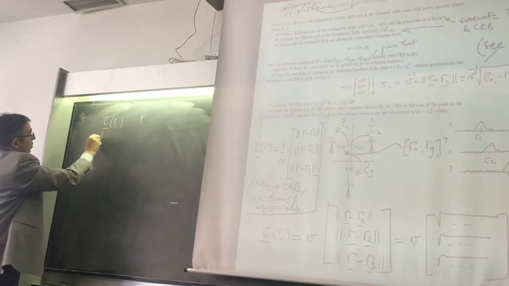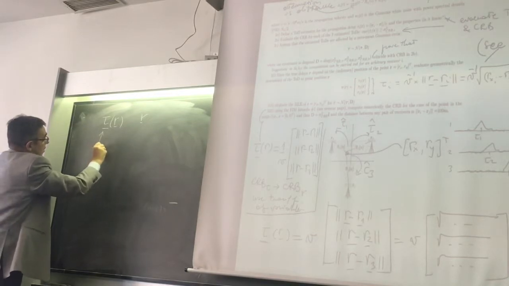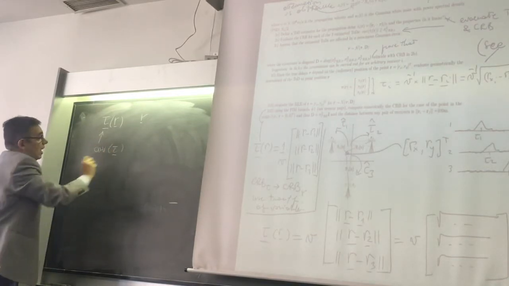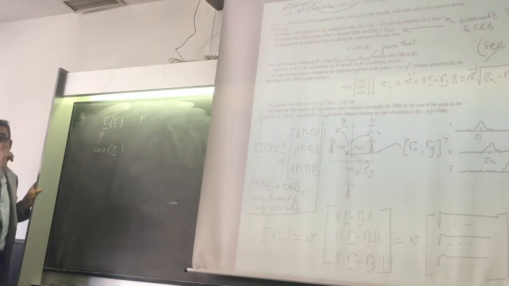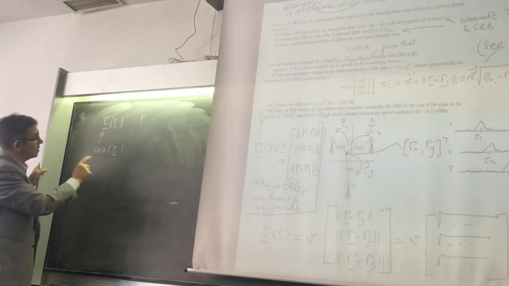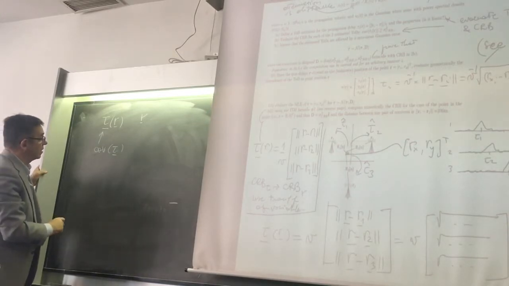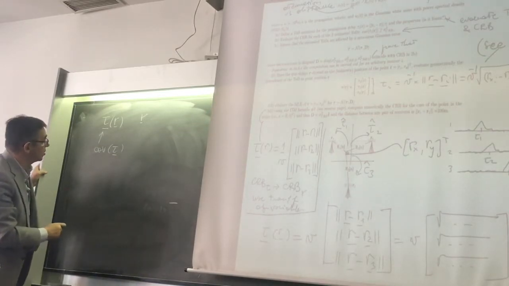So if I know the variance or the covariance of tau, how can I get the covariance of R?